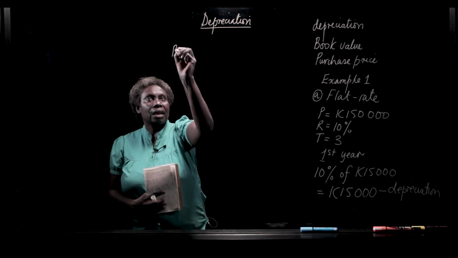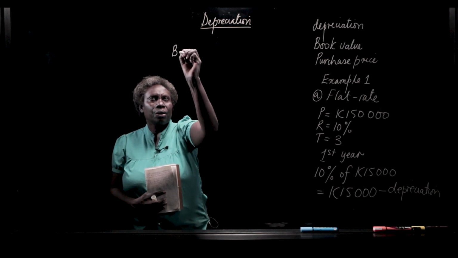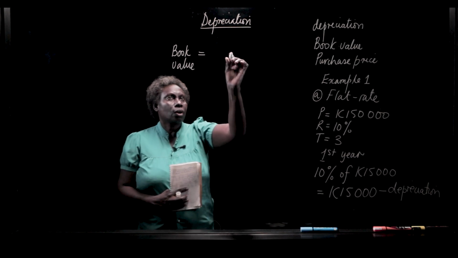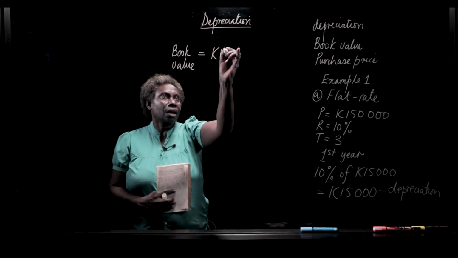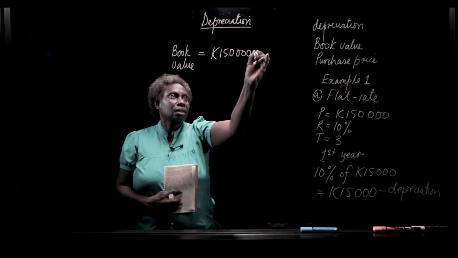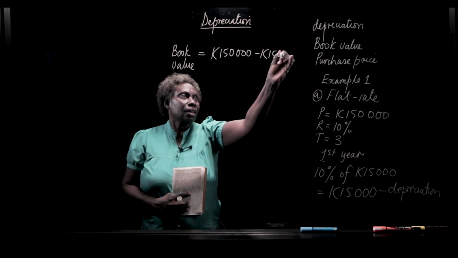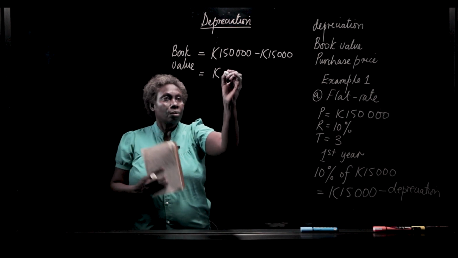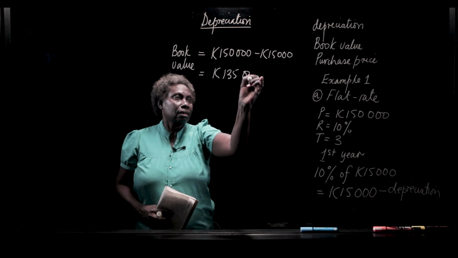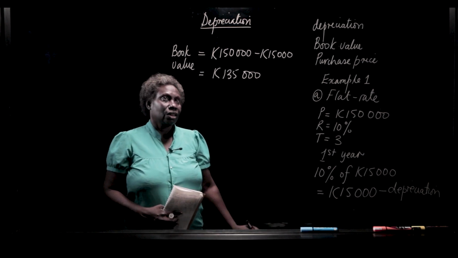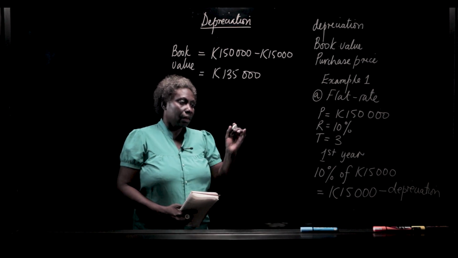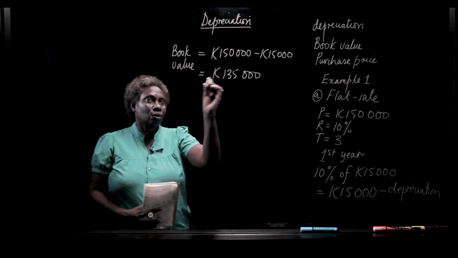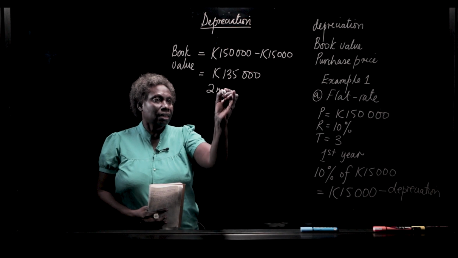The book value will be equal to 150,000 minus 15,000, and that is equal to 135,000 kina. So at the end of the first year, the book value will be 135,000 kina.